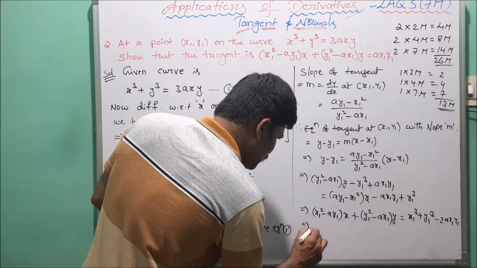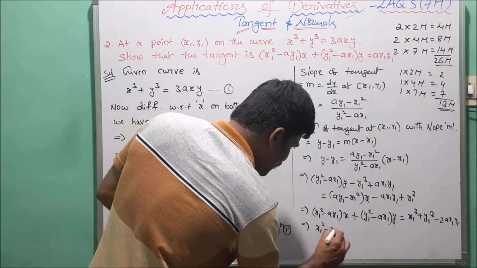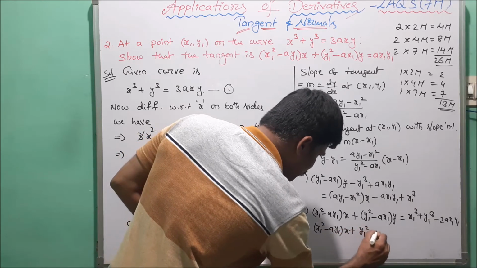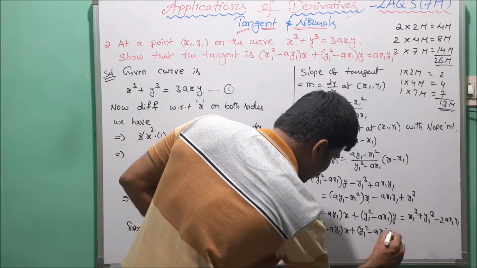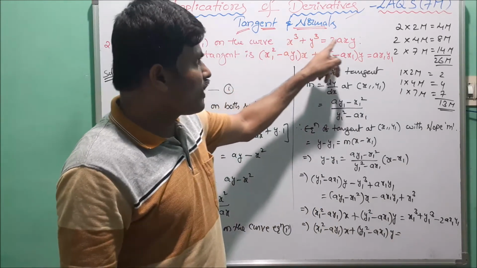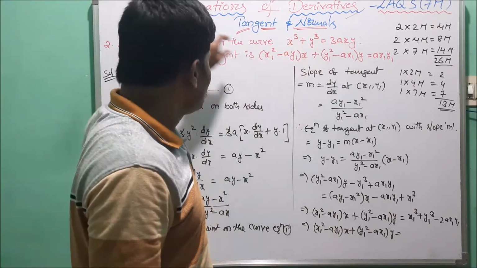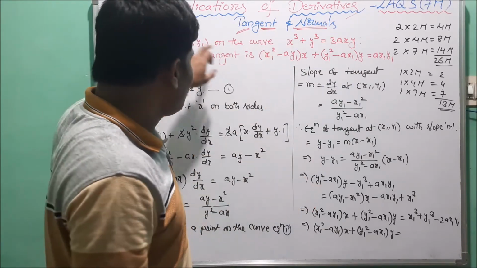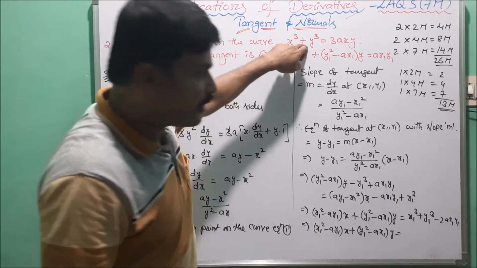Now similarly in that x1 square minus ay1 into x plus y1 square minus ax1 into y. Here also x cube plus y cube equal 3axy. This is the given curve. Now this point also lie on this curve also. In previous problem, here x1 y1 can be substituted in this one.